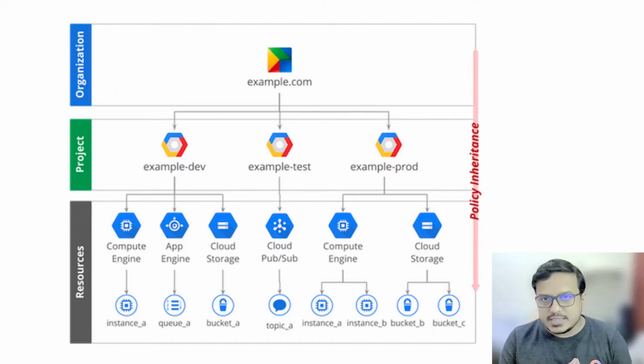So your organization's cloud billing account pays for the Google Cloud projects, Google Maps platform projects, and it can be linked to one or more projects. So during the cloud identity setup process, you will be asked to add your domain, then verify your domain with the DNS records, and then you create cloud identity users.